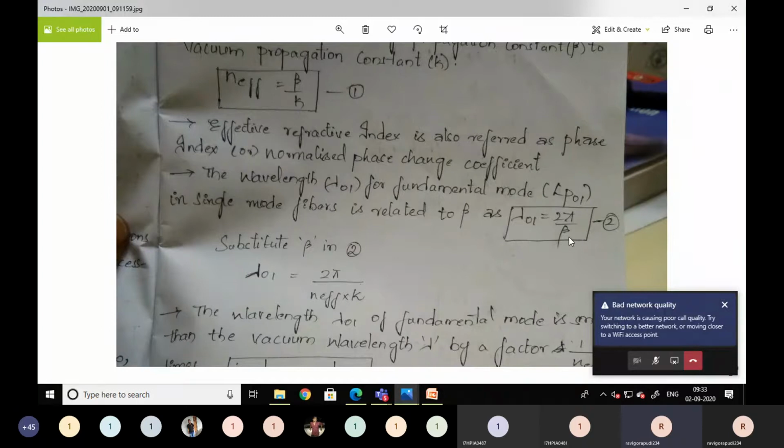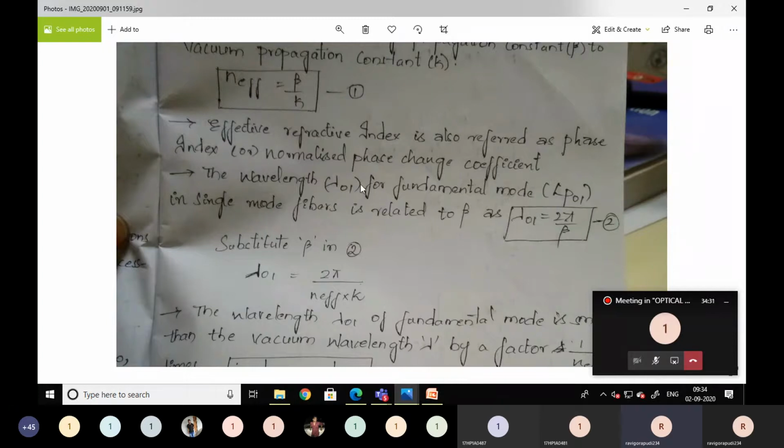Already we know beta is equal to 2 pi by lambda, the propagation constant. But for the fundamental mode LP01, the wavelength is lambda 01, that is 2 pi by beta. Already in the definition, we are considering it as equation 1.